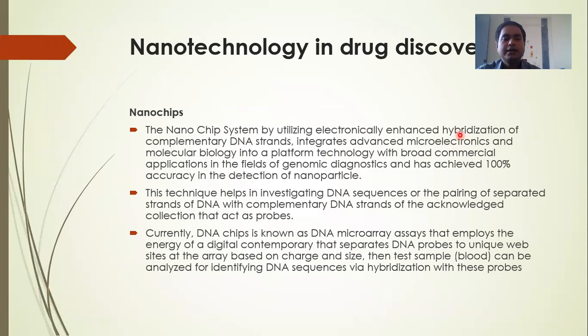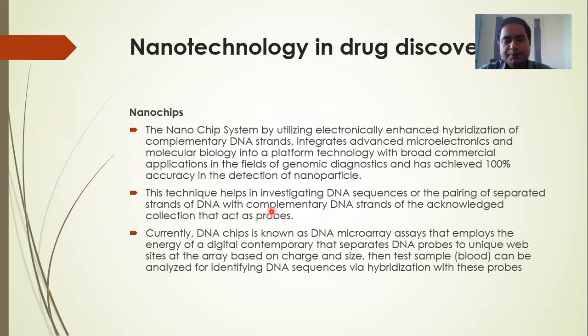Next is the nanochips. Nanochips are also developed with the help of nanoparticles, and the nanochip system is developed by utilizing the electronically enhanced hybridization of complementary DNA strands, integrating advanced microelectronics and molecular biology into a platform technology with broad commercial application in the field of genomic diagnostics, and has achieved 100% accuracy in the detection of the nanoparticle.